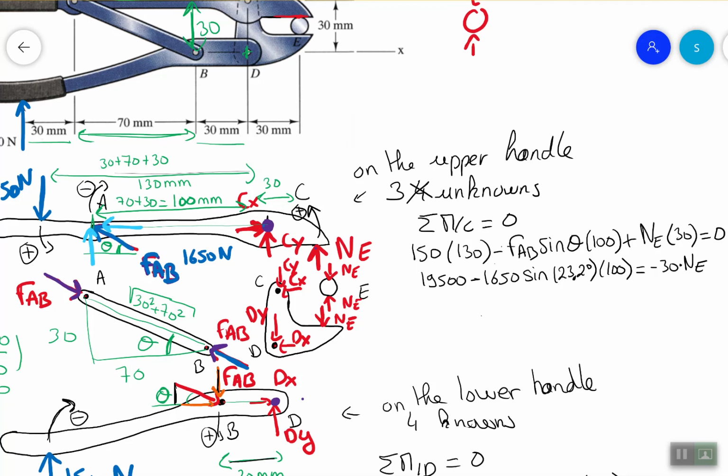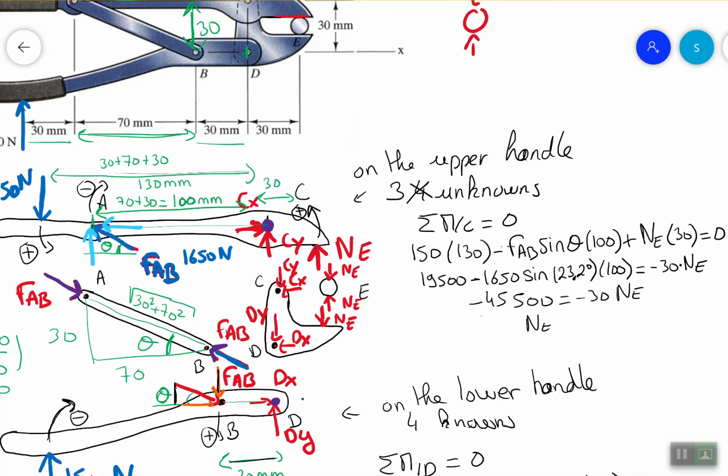Let's find how much that is. 19,500 minus 1,650 times 100 times sine 23.2, so that's minus 45,500, equal to minus 30 NE.